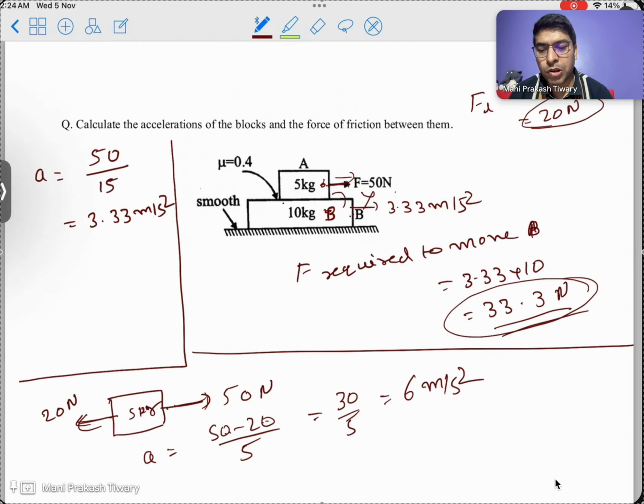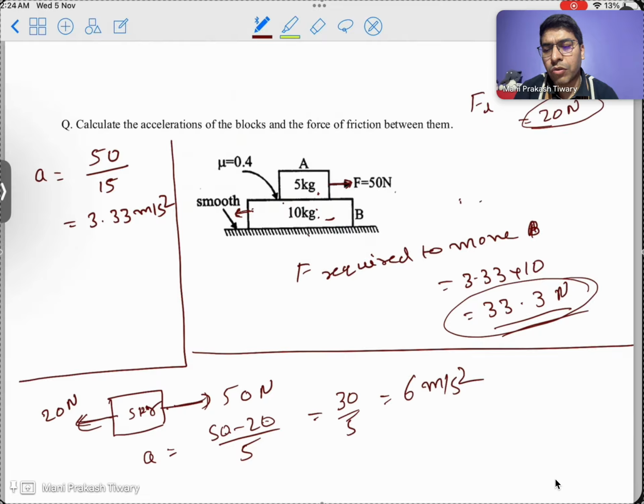Now what about block B, right? Now we have to think about block B. If block A moves in this direction, B, with respect to A, will try to move in the other direction.